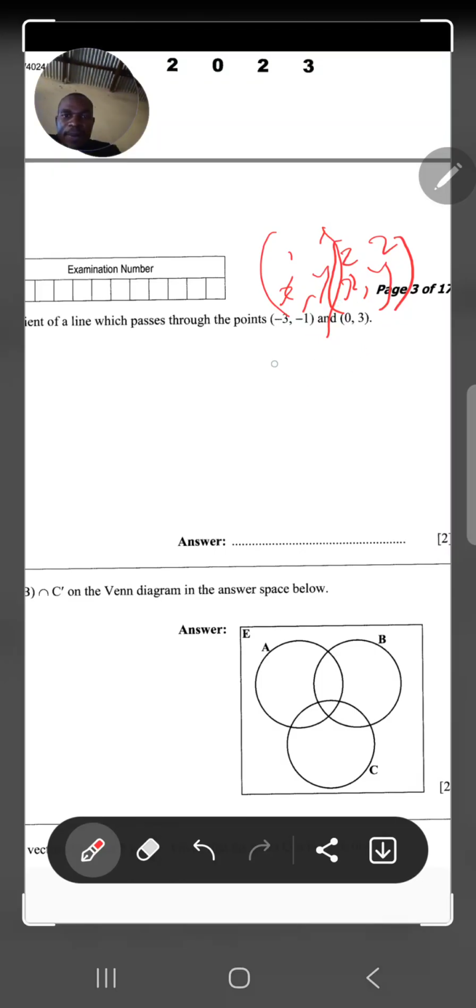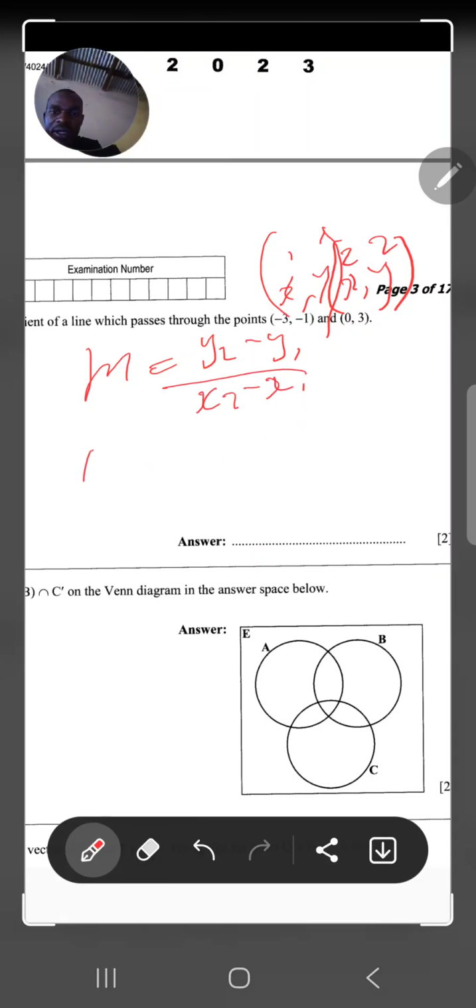Okay, so let's say gradient is equal to y2 minus y1 divided by x2 minus x1.